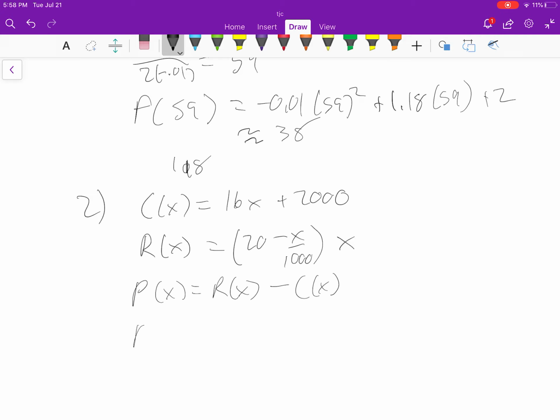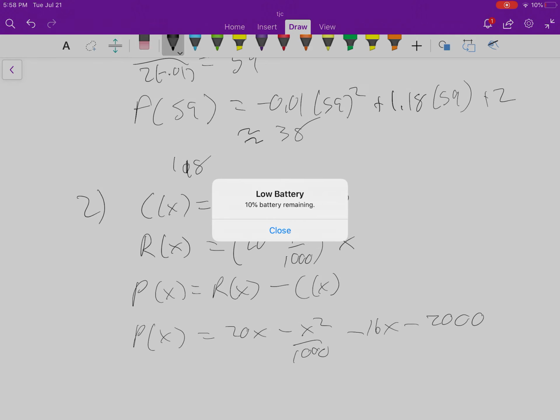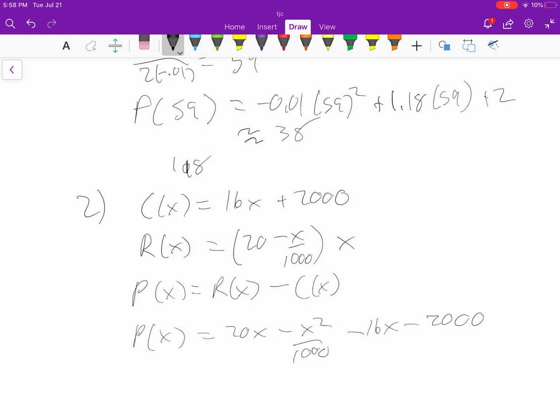So you put those in there and you'll get your profit equation: 20x minus x squared over 1,000 minus 16x minus 2,000. I plug in my revenue and cost, then I can combine like terms and reorder it to get this. So here's our profit equation.